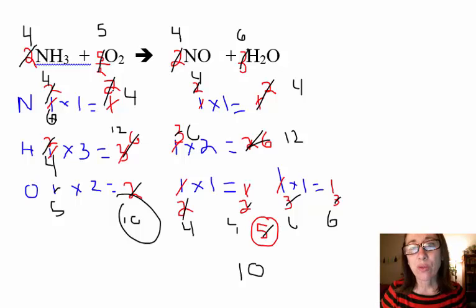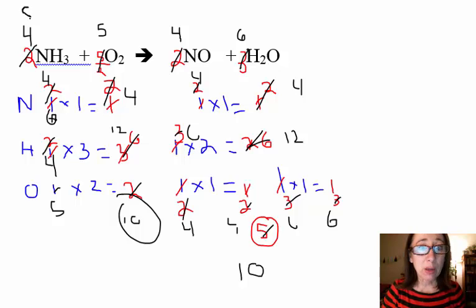Now, not only are fractions frowned upon, but also when we have our final answer for a balanced chemical equation, the coefficients should not have a common factor except for 1. So I notice here my coefficients of 4, 5, 4, and 6 do not have a common factor other than 1.